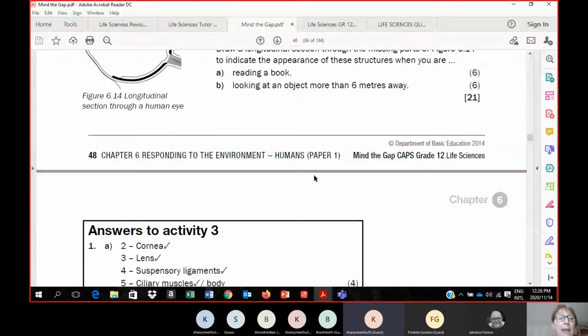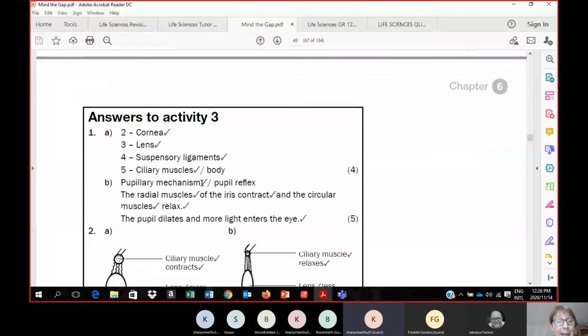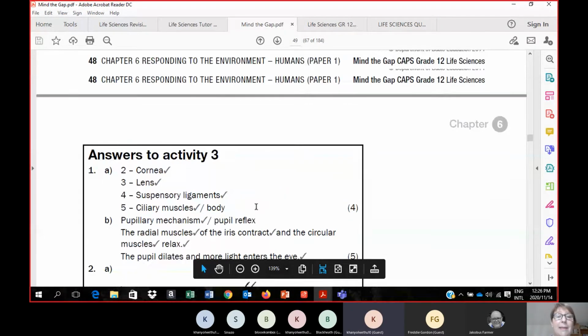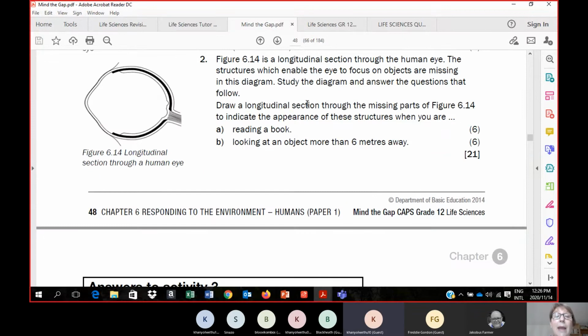So over here, it's called the pupillary mechanism, and the radial muscles of the iris contract, the circular muscles relax, the pupil dilates, and more light enters the eye. I hope you all got that right. Then the next one is draw a longitudinal section through the missing parts of this to show what it looks like when reading a book.